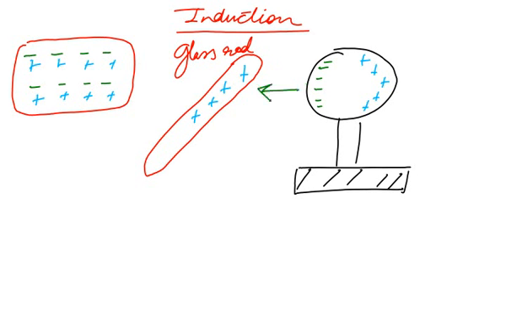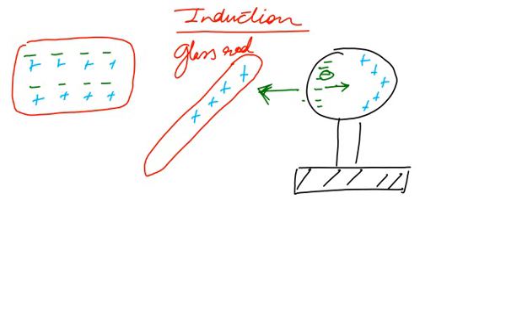But as this charge accumulation starts, there is a force of attraction between the negative and positive charges, and also a force of repulsion from the electrons already present there, which repel the coming electrons. So the electrons have two forces acting on them: one towards the positive charge due to the attraction between positive and negative charges, and one away from the glass rod because of the repulsion from the electrons already present.